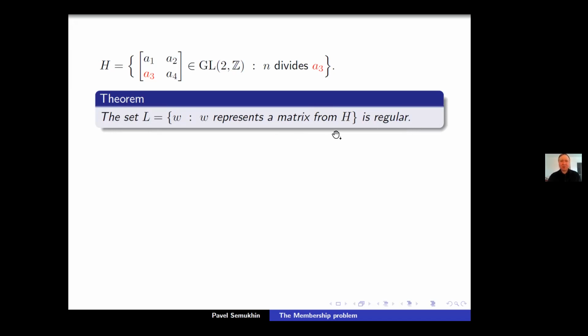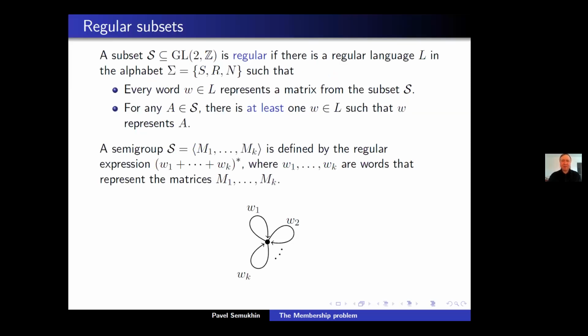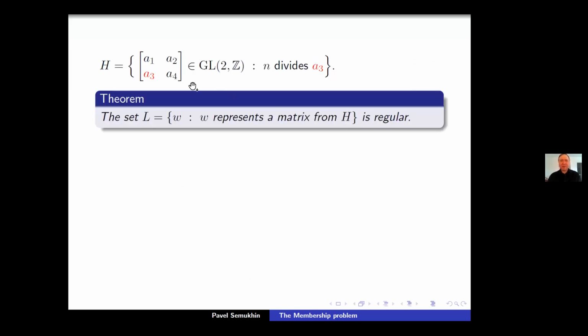Note that this is a stronger property than just being a regular set, because in the definition of a regular set, it's enough to choose a regular language L such that for every A in S, there exists at least one W which represents A and that belongs to this set L. But for this group, we can take all possible words W which represent all matrices from this group, and still this set L will be regular, which is, by the way, not the case in the general setting.